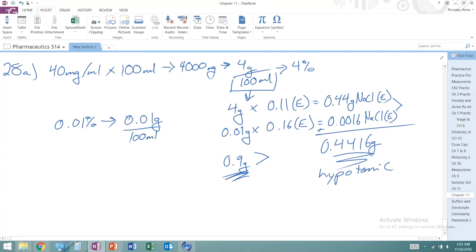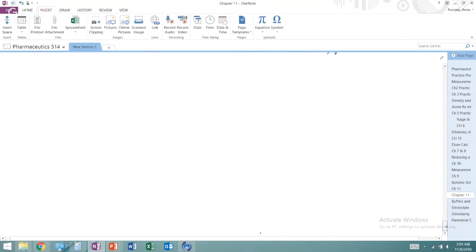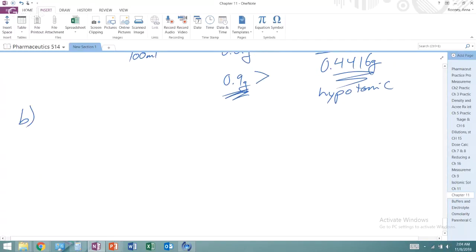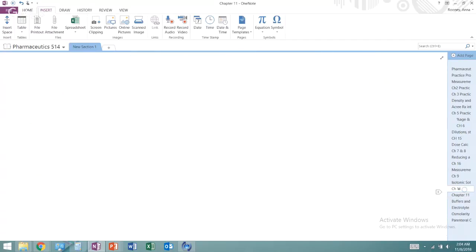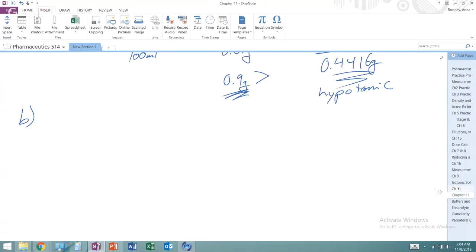All right. So now we go to part B. Part B is not nearly as complicated. This just looks really, really complicated. It's not. So part B was a parenteral infusion solution containing 20% weight per volume of mannitol. So that would be the same as 20 grams for every 100 milliliters.